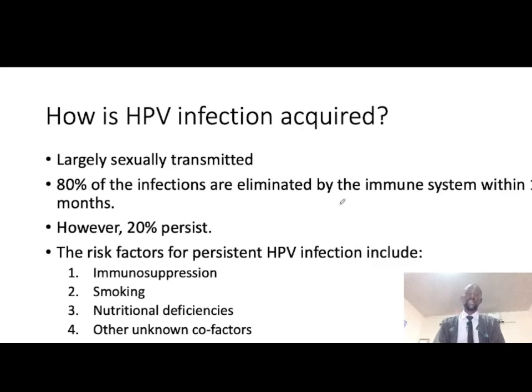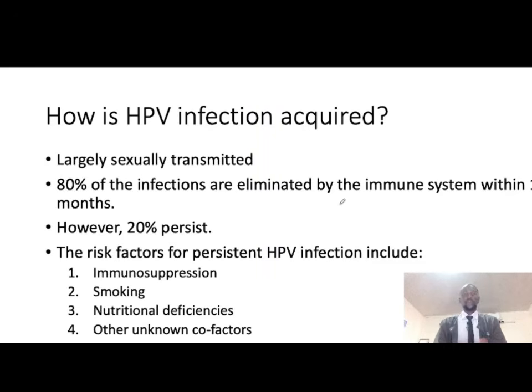Smoking is another risk factor. Smoking is a risk factor for a lot of cancers. Nutritional deficiencies are also a risk factor, for example, deficiencies in vitamin C. For people that don't eat enough vegetables and fruits, those nutritional deficiencies are going to prevent you from clearing infections.